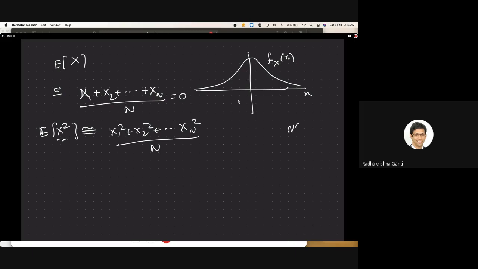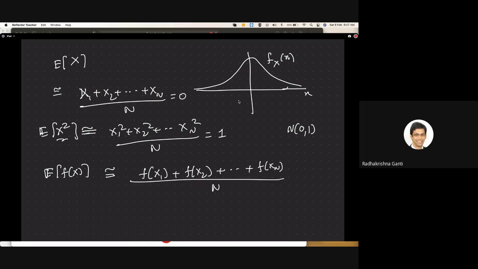If you have N(0,1), that is Gaussian random variable with mean 0 and variance 1, expected value of x square will become 1. So in general, expected value of f of x, where f is some function of the random variable, is nothing but you take this function, evaluate it over multiple realizations of that random variable, and take the average. These become very close to each other as n becomes larger and larger. That's how you should interpret them.